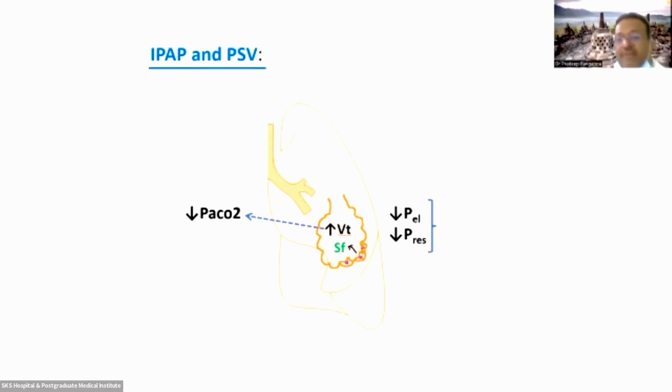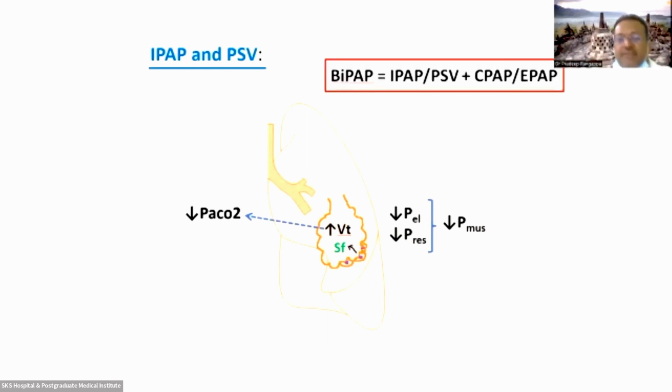By adding IPAP, it reduces the elastic pressure and the resistive pressure, increases the alveolar tidal volume and reduces the carbon dioxide. All in all, it reduces your whole respiratory apparatus pressure and reduces the work of breathing. So this in principle is how NIV is beneficial in COPD.